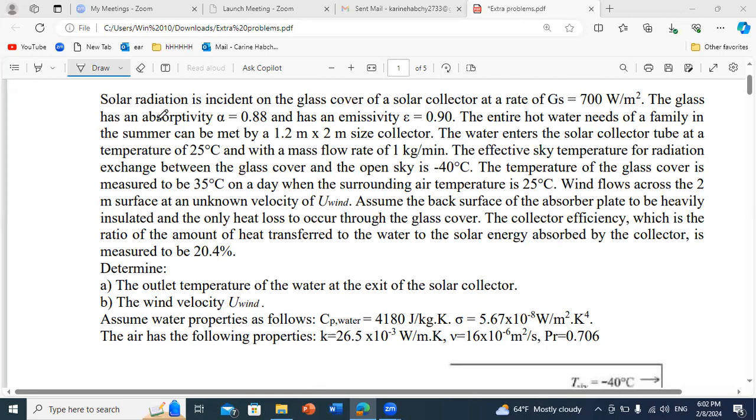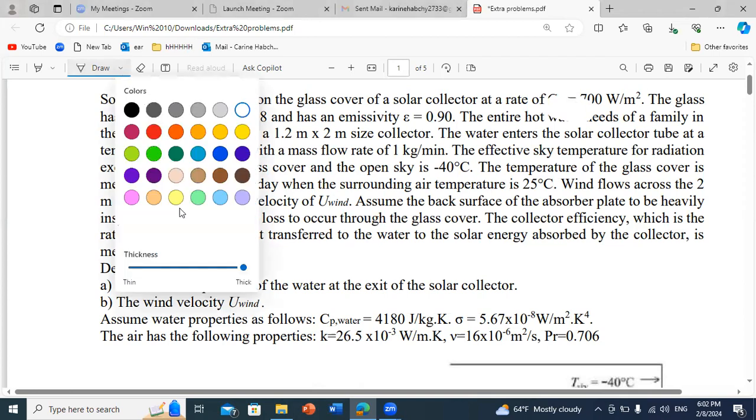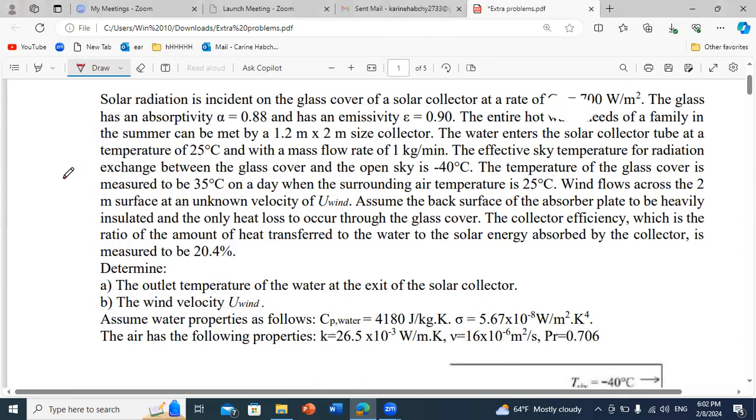So I will take the following example. Solar radiation is incident on the glass cover of a solar collector at a rate of 700 watt per meter square. So this is, if you want, the solar flux that will be incident on your solar collector. This is the value of the sun heat flux that is incident.